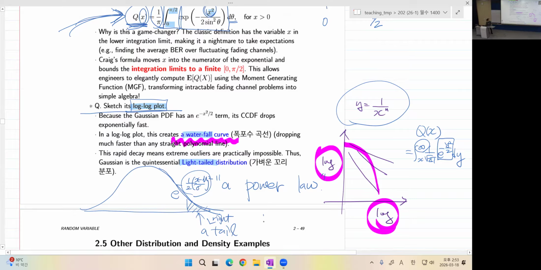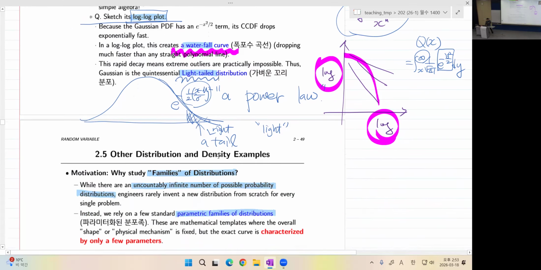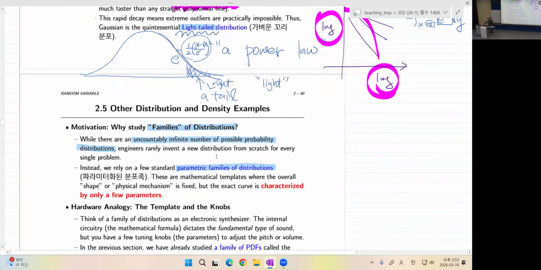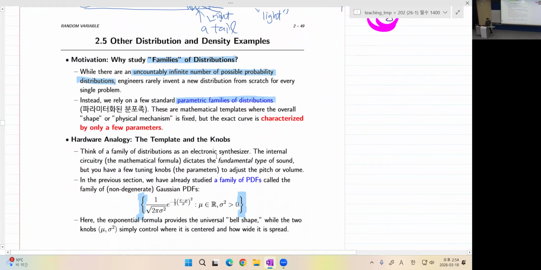Here, light means that if you integrate, the value is very small and diminishes very fast. So any light-tailed probability distribution has a CCDF that looks similar to a waterfall. Got it? Anyway, for the other things like the mean and variance of the Gaussian and moments of the Gaussian, we will come back later when we seriously study Gaussian random vectors.